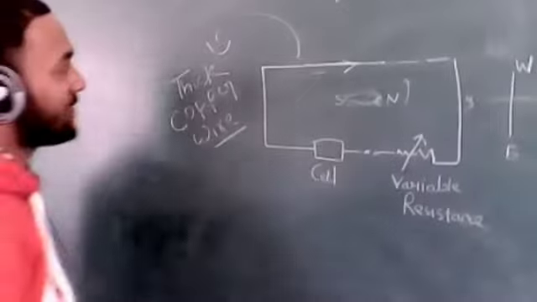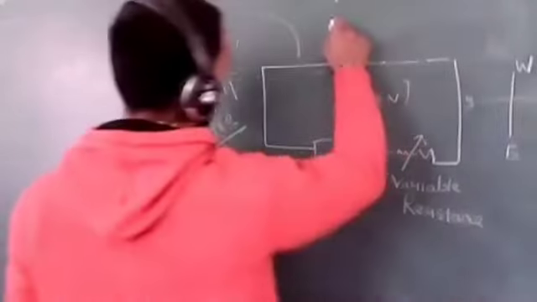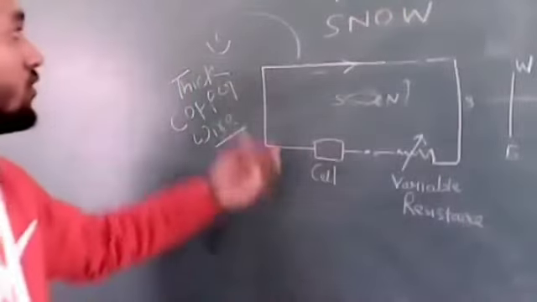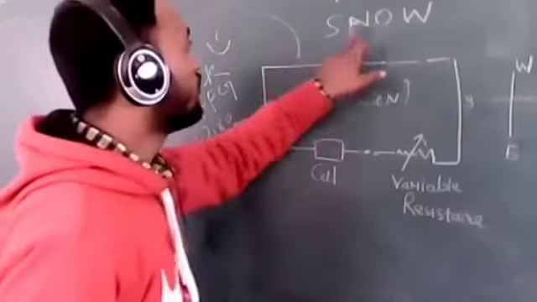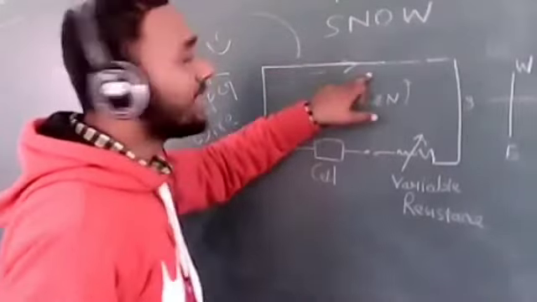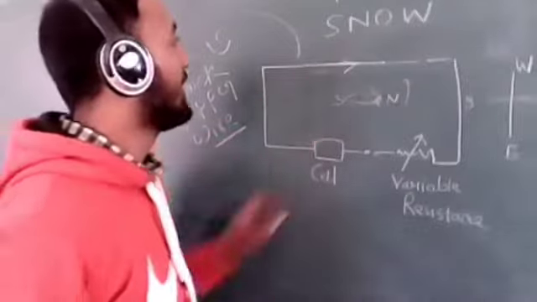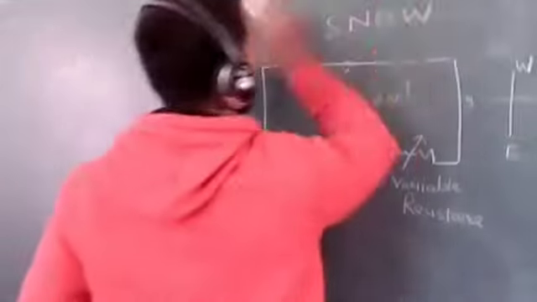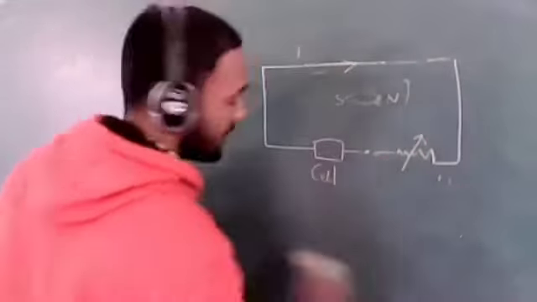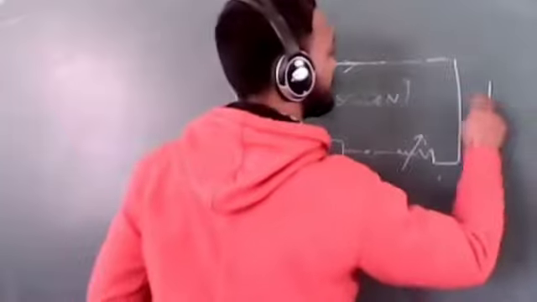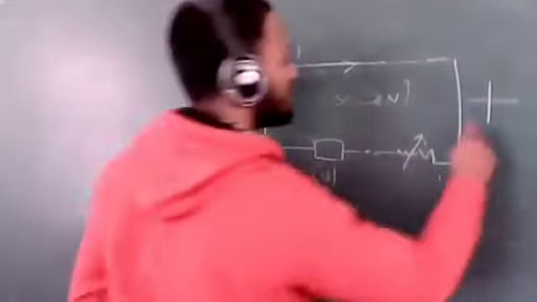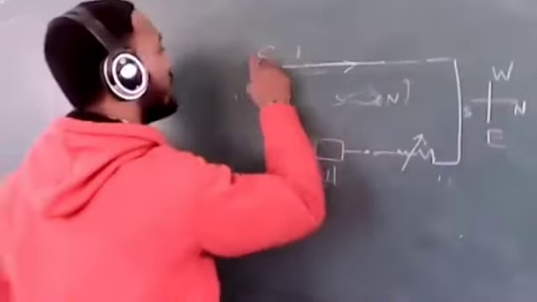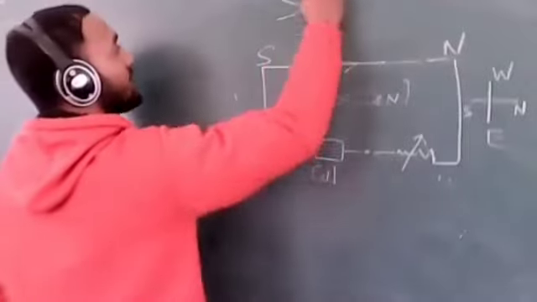You can learn it by this rule, the SNOW rule. So when current is flowing from south to north and it is over the magnetic needle, again I am telling you in simple terms: south north, SNOW rule.